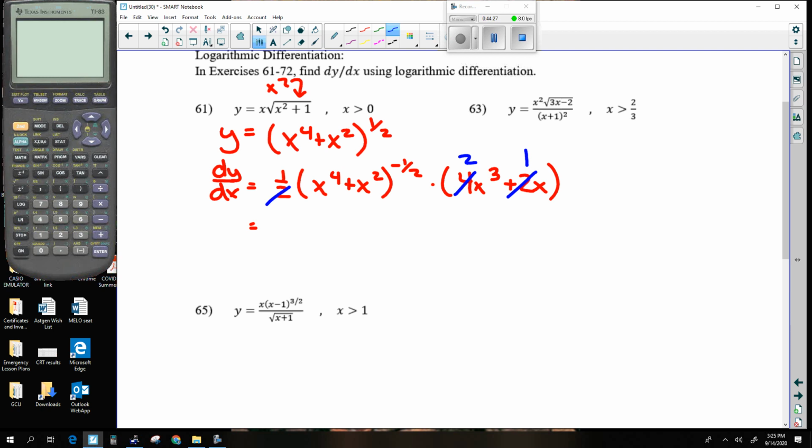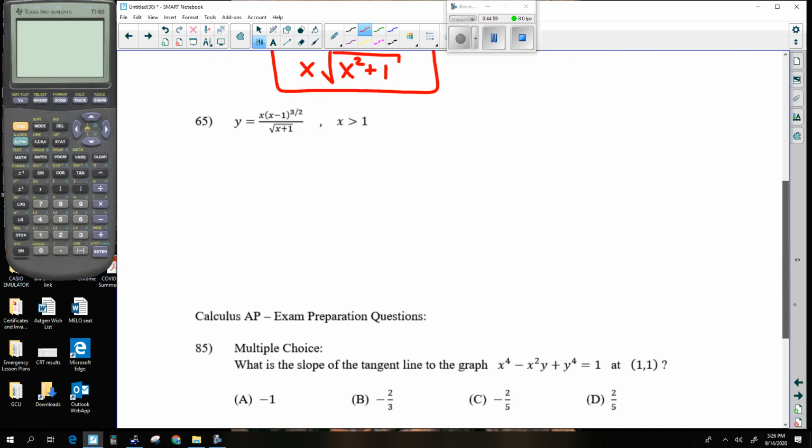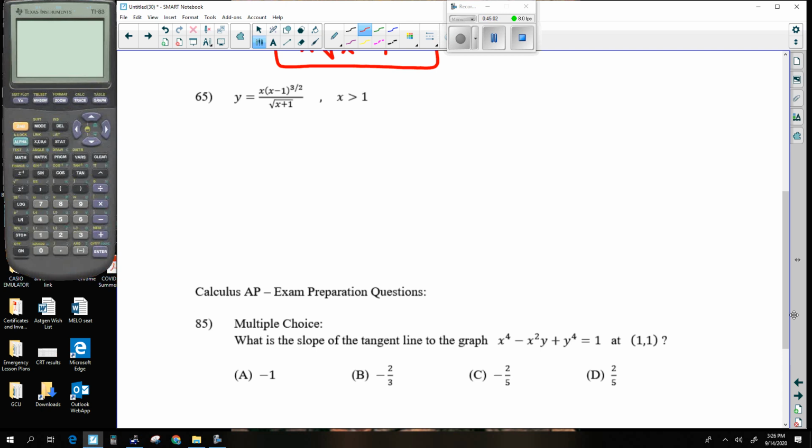And so this is going to be square root, and this would be x squared plus 1 all over 2x to the third plus 1. Okay, again, this is x squared, because this is ultimately a square root.